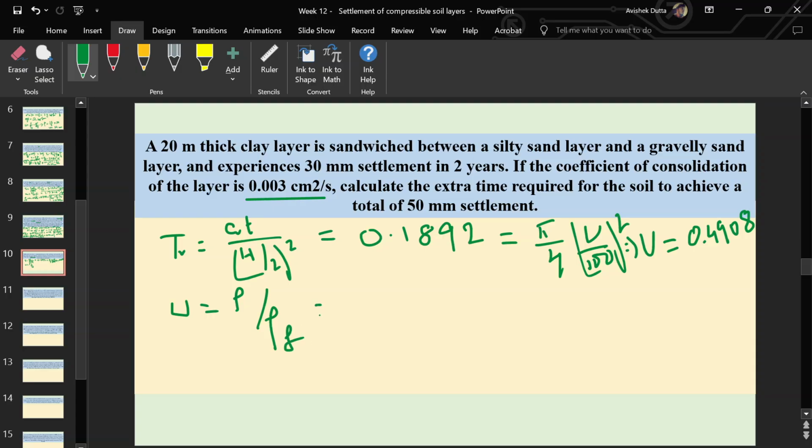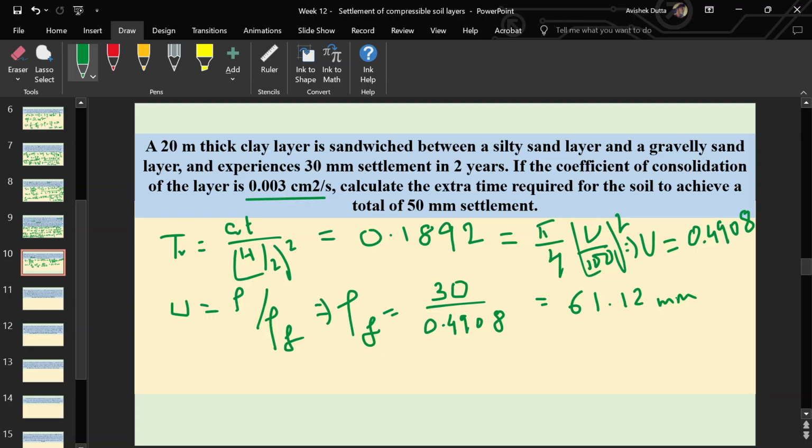The settlement in 2 years is 30 mm. So the ultimate settlement rho f will be 30 divided by U, approximately equal to 61.12 millimeter.